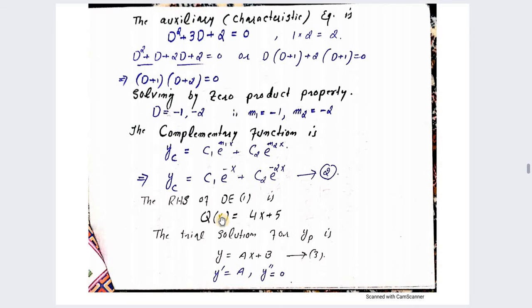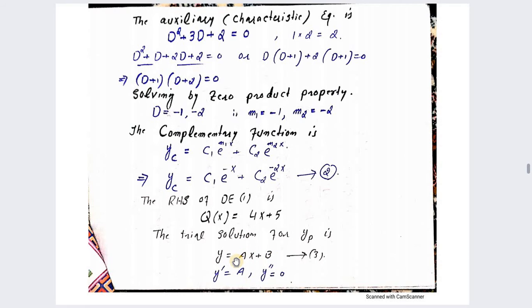Now taking the right hand side of the given differential equation, q is equal to 4x plus 5. This is the right hand side of the differential equation, which is a linear polynomial. So whenever there is a linear polynomial at the right hand side of the non-homogeneous differential equation, then the trial solution will also be a generalized linear polynomial.